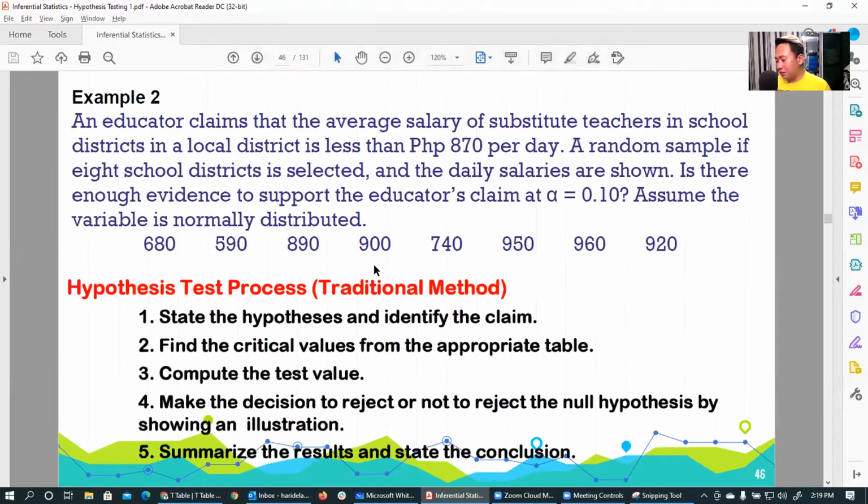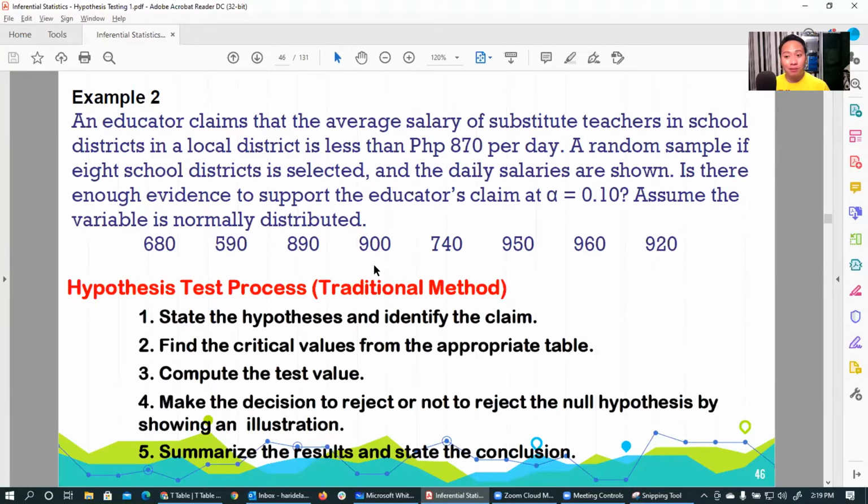As I've mentioned earlier, you need to pre-qualify the problem to decide if it's going to be a z-test or t-test, because during examination I wouldn't tell you which. The pre-qualification is: is the population standard deviation given? If yes, use the z-test. If no, the population standard deviation is not given or unknown, so you use the t-test for a mean.